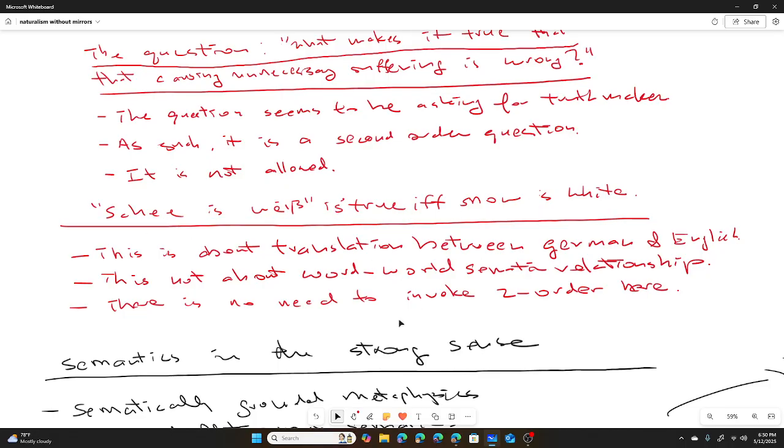There's no need to posit this word-world semantic relationship where a word designates an object or thing in the world, and whiteness is a property of that thing. So according to the author, because this is translation between German and English, there's really no need to invoke second order inquiry here.